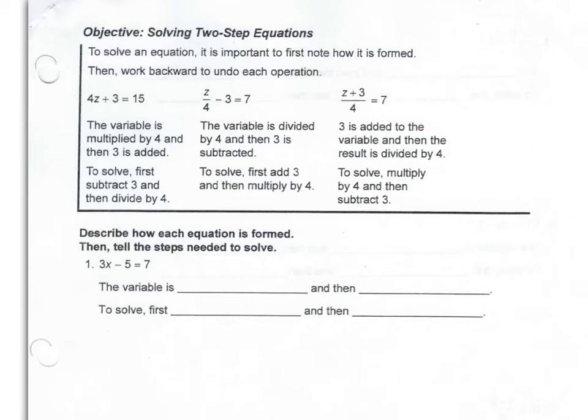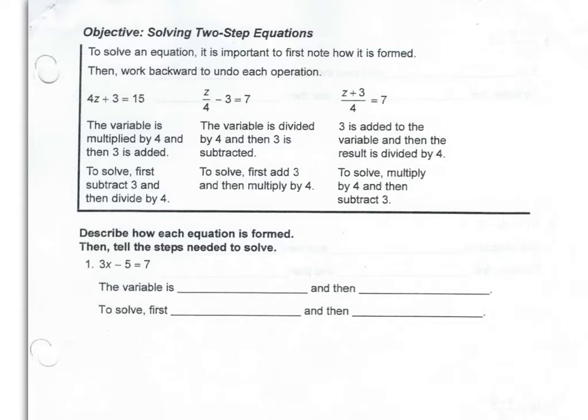When you are listing what's happening to your variable, you do need to follow order of operations, which typically means that when you have multiplication and division, it's going to go ahead of addition and subtraction. Except for this example, this last one here. Notice how the vinculum, that fraction bar, is extending all the way underneath z plus 3.